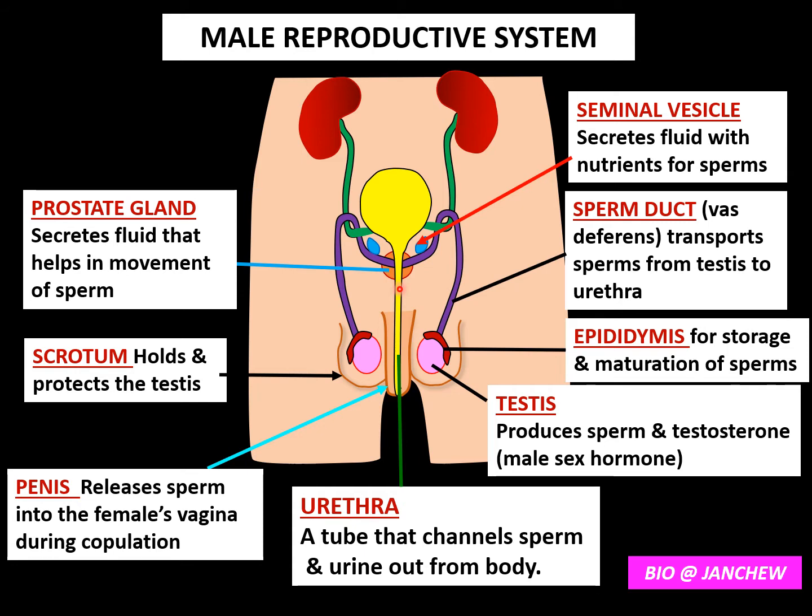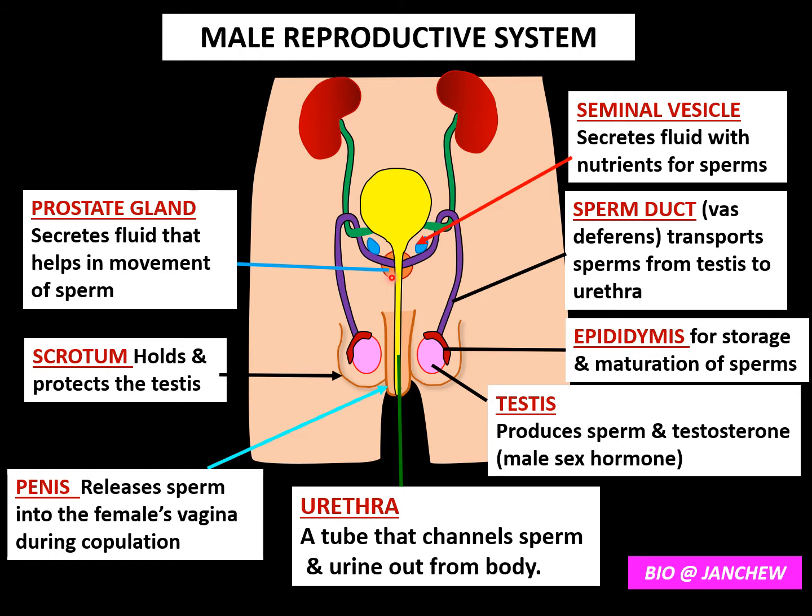So this gland produces mucus to protect the sperms, and the mucus helps to neutralize the acidic urine in the urethra. Okay, so in that way it protects the sperms from being destroyed or killed.